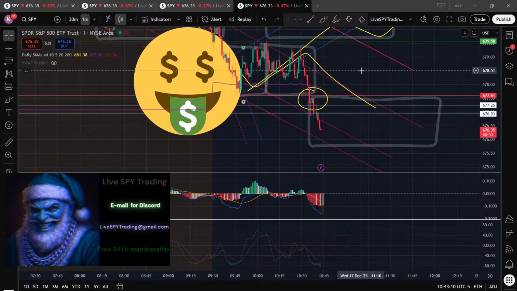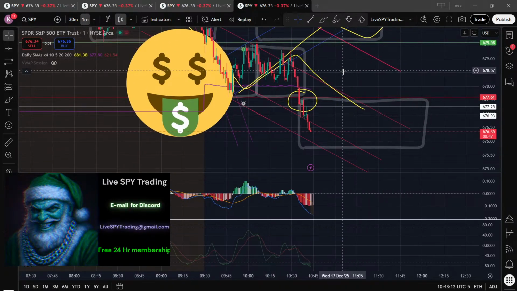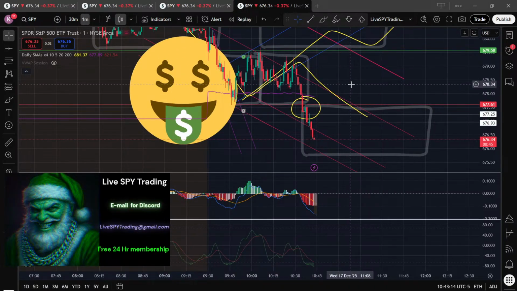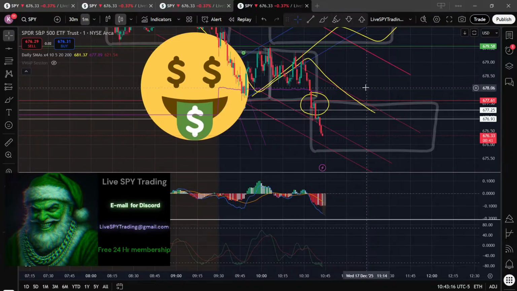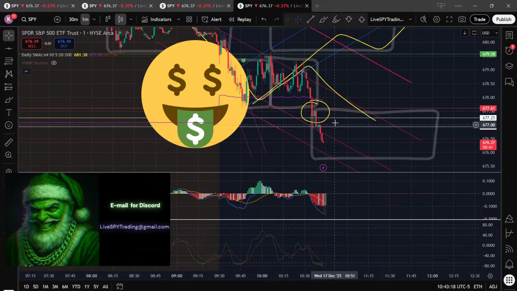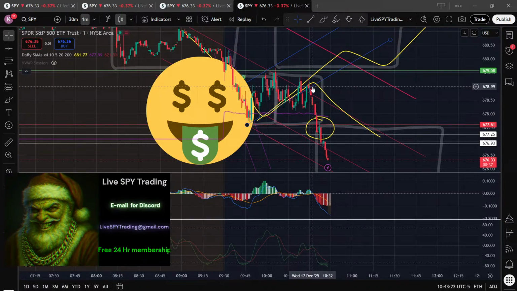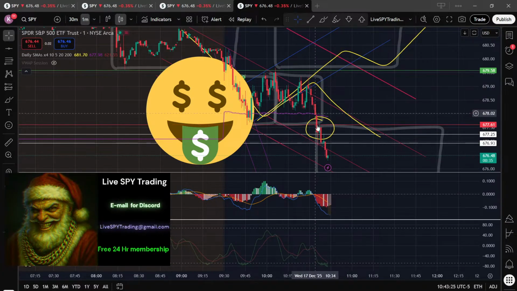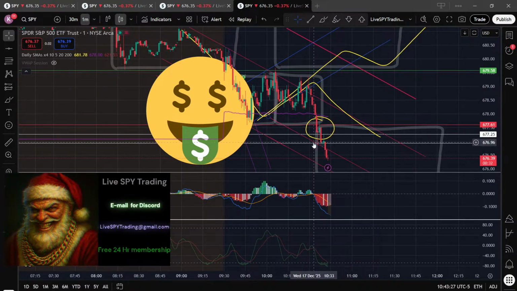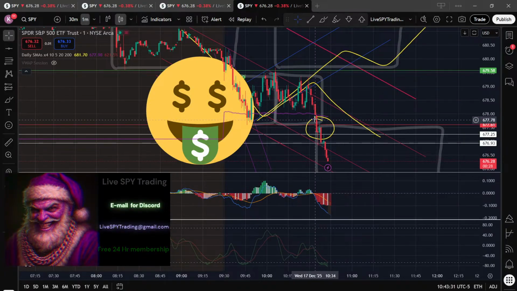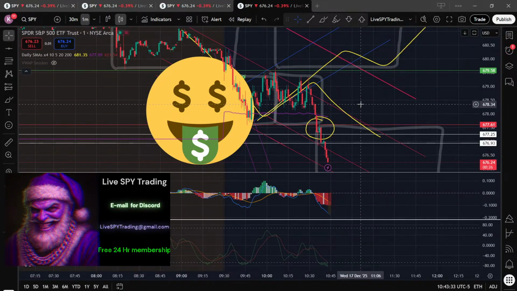Man, people walking over $1 to pick up a dime. Look at the money we just printed. Stress free. I told y'all, put your alerts. I told you what's gonna happen. It's gonna break the 20 in a large red candle. It's gonna pull back on some volatility, and then it's gonna continue. You're not gonna be late.